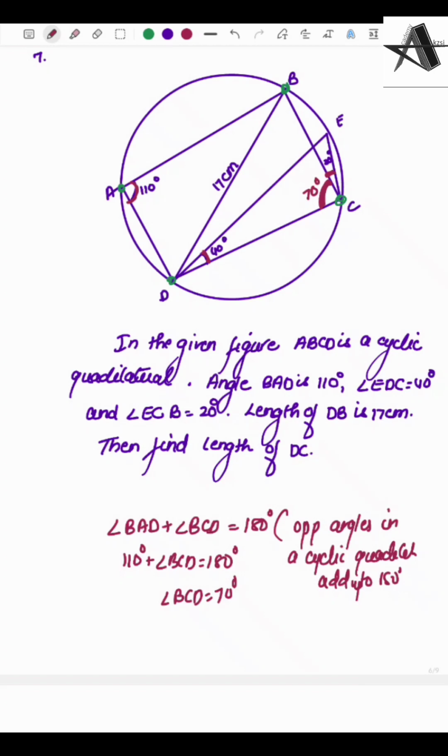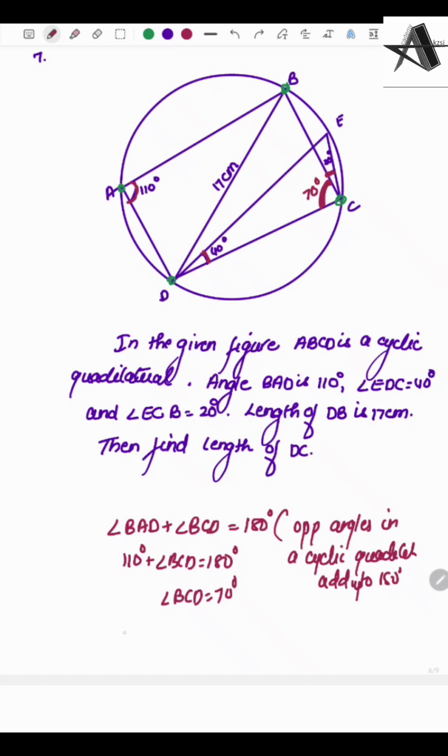Whether I'm applying the sine rule or the cosine rule, I should at least know another angle or side. In triangle DBC, we have one side and one angle. We need to find the other angle or other side. So let me use the smaller triangle DCE, maybe that will help.